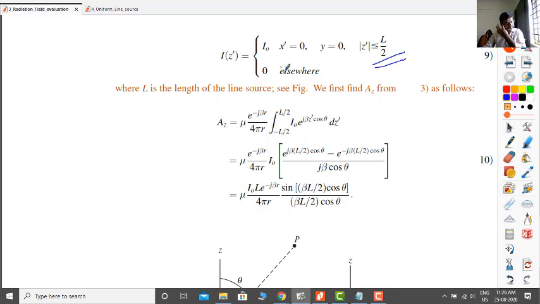limits. And the current is I of Z, whose value is I0, constant everywhere, and the rest of the things will be e raised to j beta Z prime cos theta dz prime.